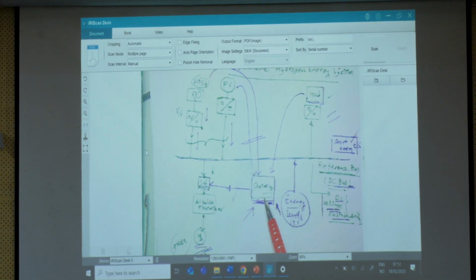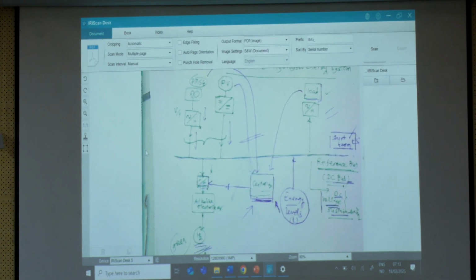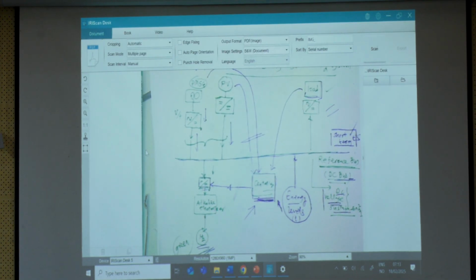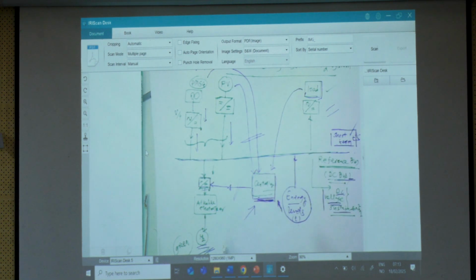So, this controller has to make the decision in stopping the operation of the alkaline electrolyzer, because we are not getting sufficient energy, and we are talking about the green hydrogen energy system.